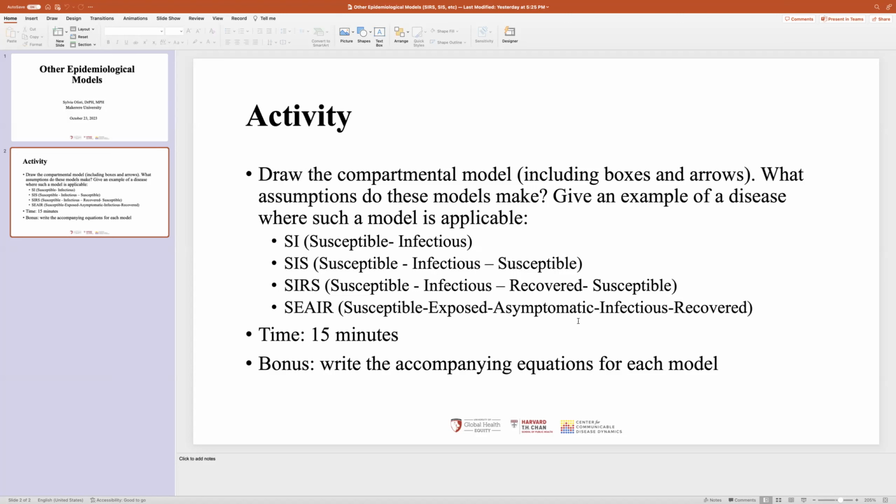And to add more complexity, you need to ask yourself if asymptomatic individuals are as infectious as symptomatic individuals, and then probably introduce a scaling factor. So that's to respond to that comment.